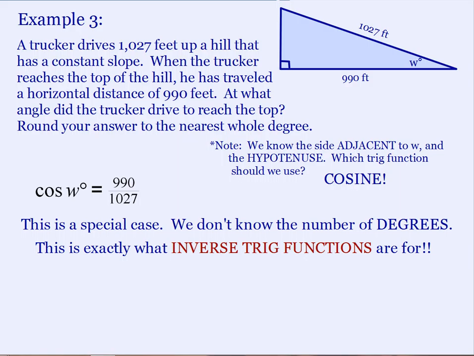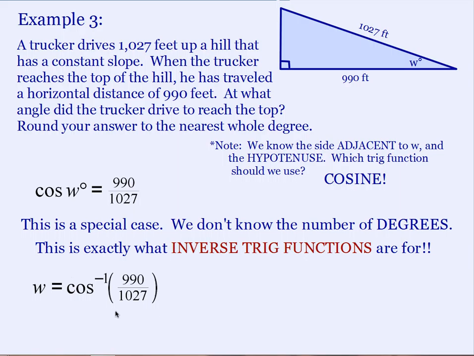Inverse trig functions, like the cosecant, the secant, and the cotangent, those are to help us find degree measures. So this is how it works. If I'm finding the cosine of W, then the inverse cosine will help me find W.